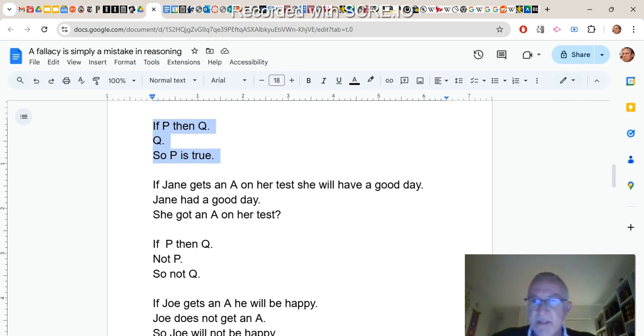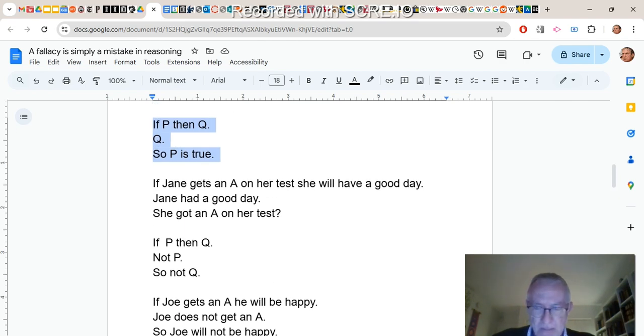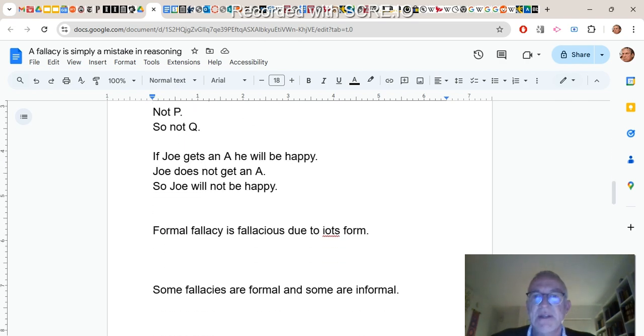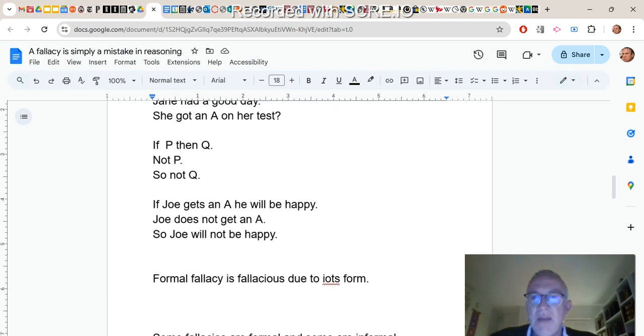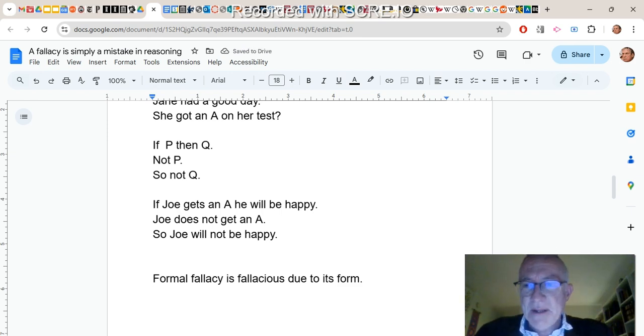It doesn't matter what's plugged in for P and Q. If it has that form, it will be a fallacy. A formal fallacy is fallacious due to its form. Now, an informal fallacy is different. It's a whole different animal, really.